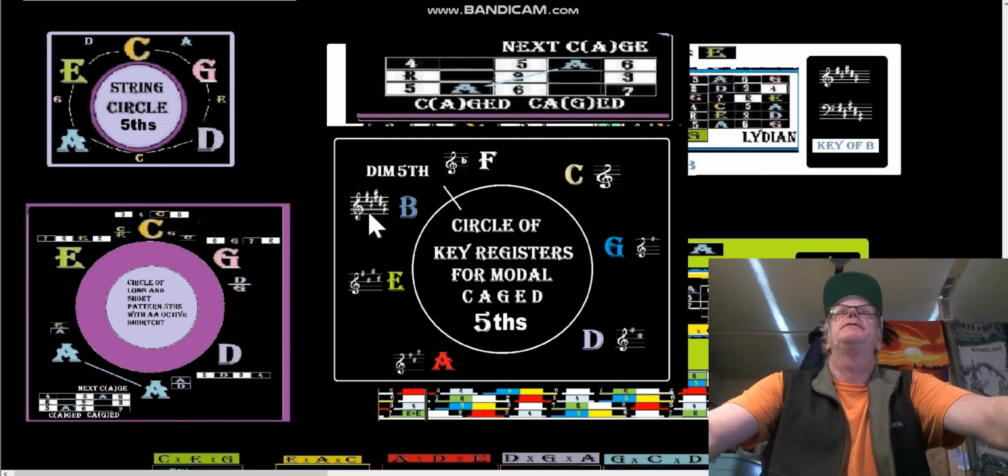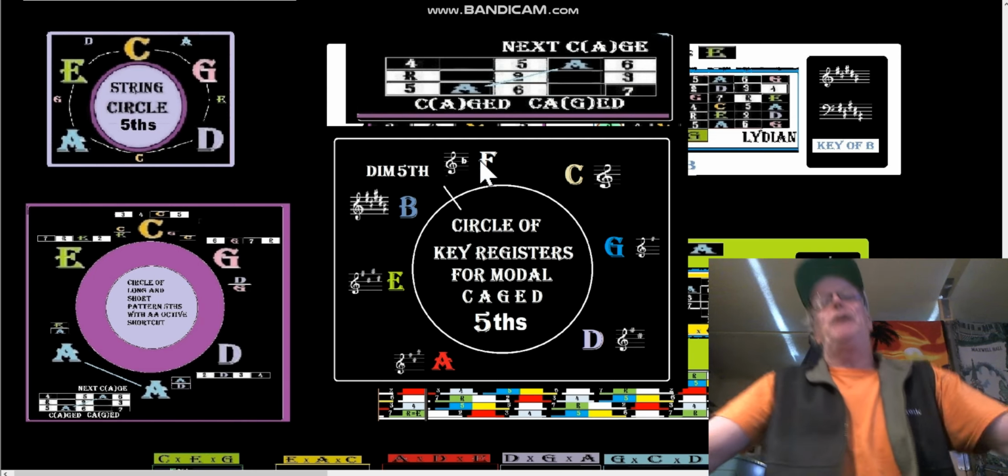B we kind of skip in the circle, but the way it works out with this circle of key registers, we're adding a sharp to G, a sharp to D, a sharp to the key of A, a sharp to the key of E, a sharp to the key of B, and then we have a diminished fifth. So B is the fifth of E, is the fifth of A, is the fifth of D, is the fifth of G, is the fifth of C. C is the fifth of F.